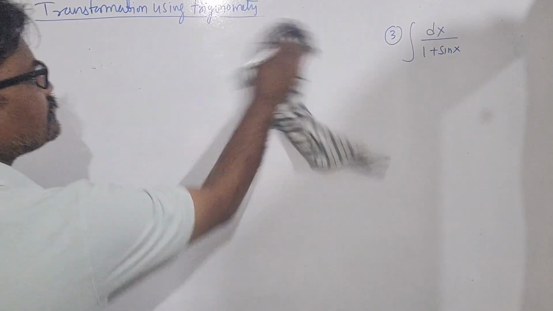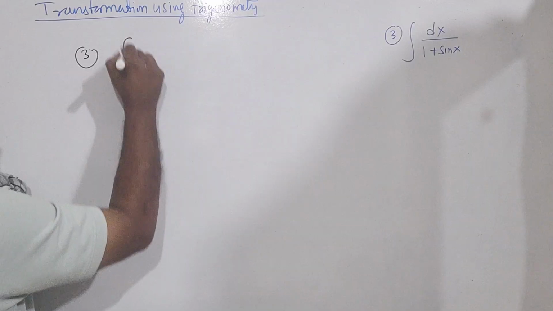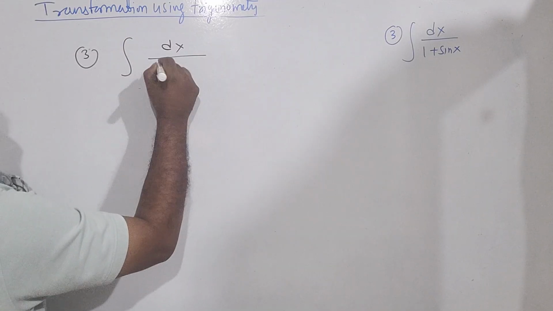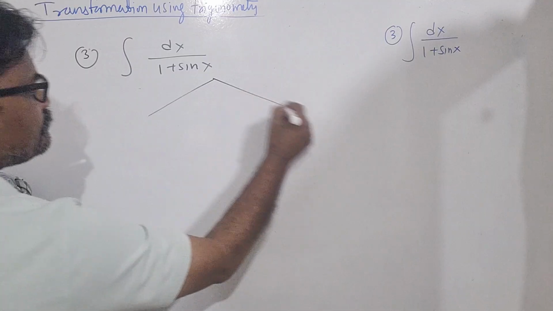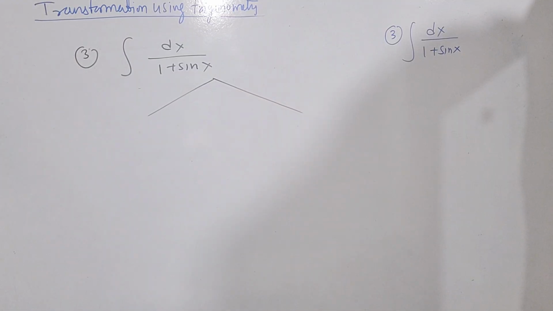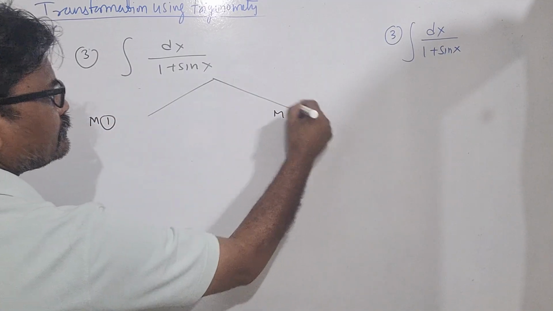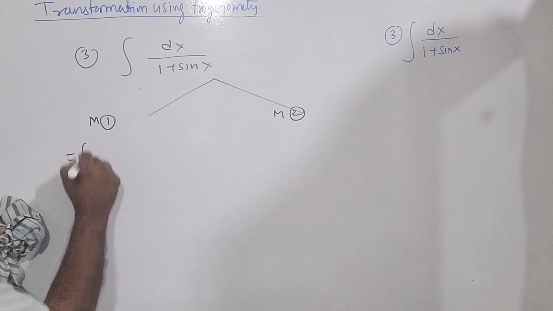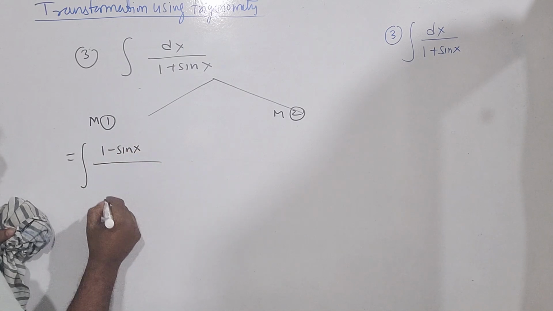Now coming to this third problem. The third one is the integration of dx upon 1 plus sin x. So I can solve this problem in two ways. Method 1 and method 2. Method 1: I can multiply and divide by 1 minus sin x.